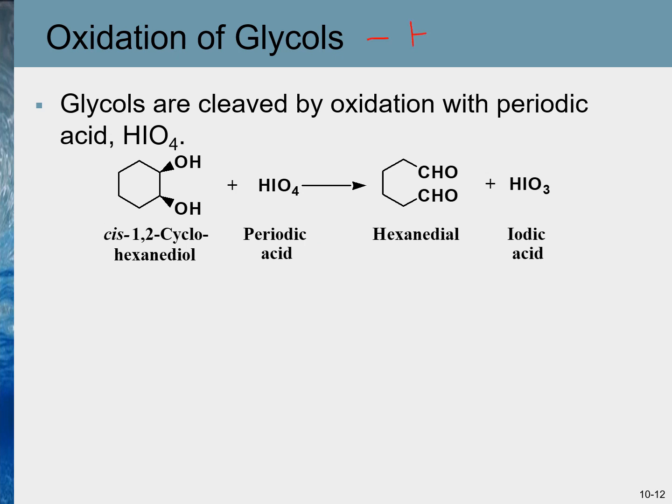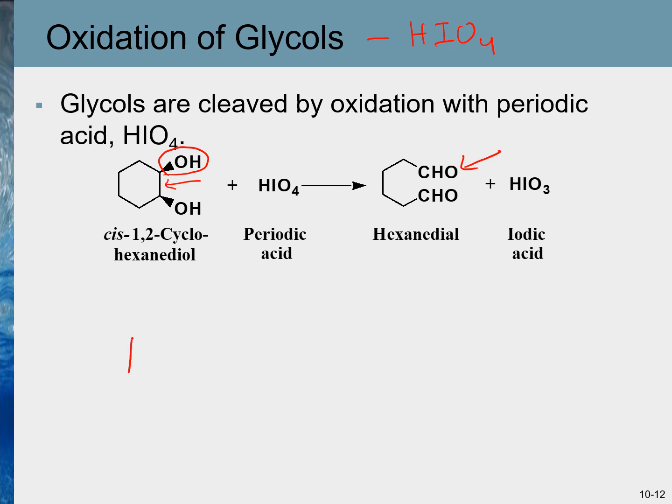Periodic acid is used for oxidation of glycols. In this oxidation process, the alcohol groups of glycol will be converted into aldehyde groups, and the bond between the carbon atoms of the glycol linkage will cleave.